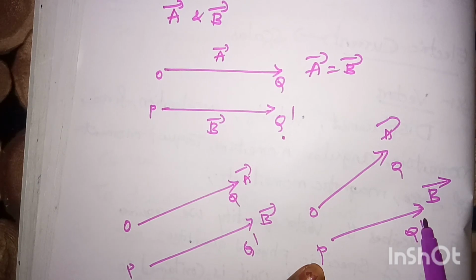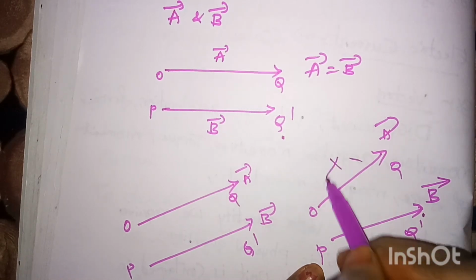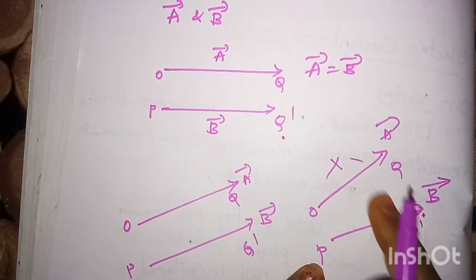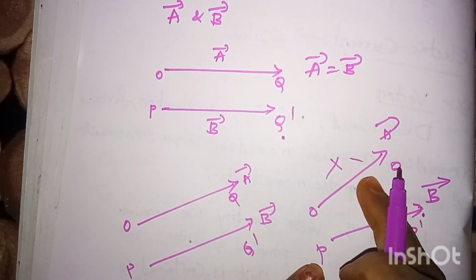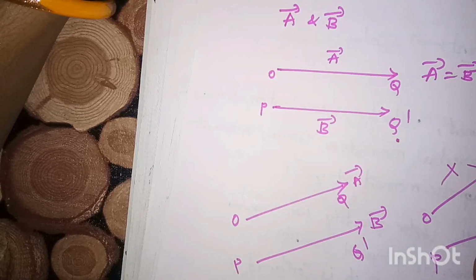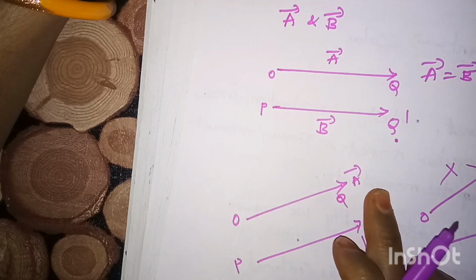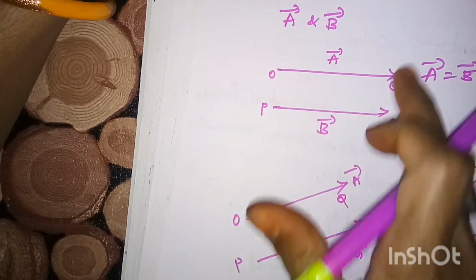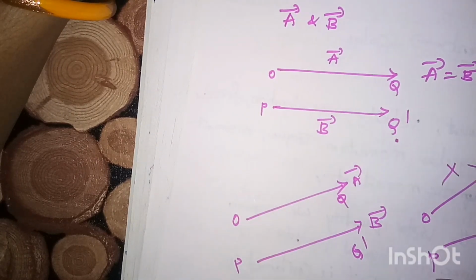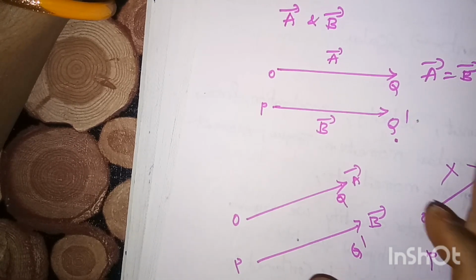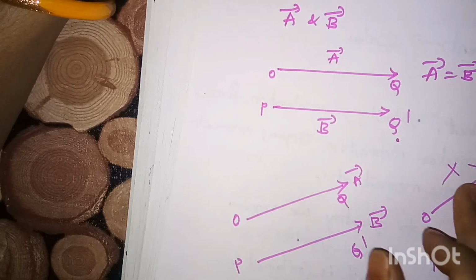As you can observe here, this is not an equal vector. Why? Because their directions are the same but magnitudes are different. They are not parallel to each other. So equal vectors means two vectors should have the same physical quantity, the same magnitude and the same direction. If any one of these is missing, we won't call them equal vectors; they are unequal vectors.